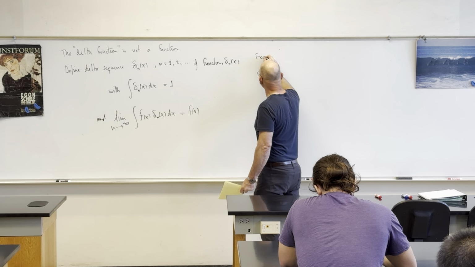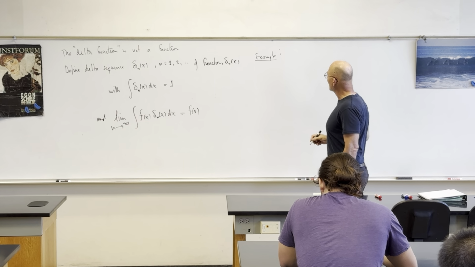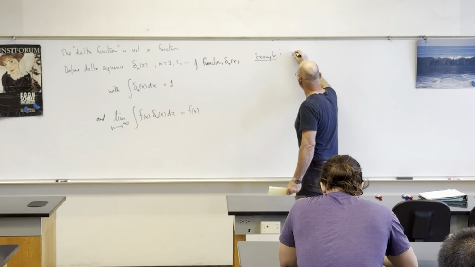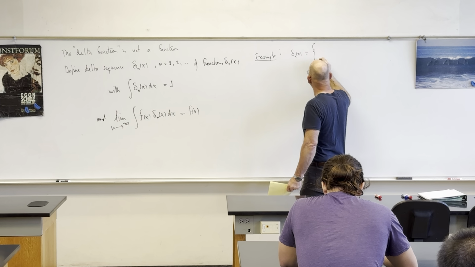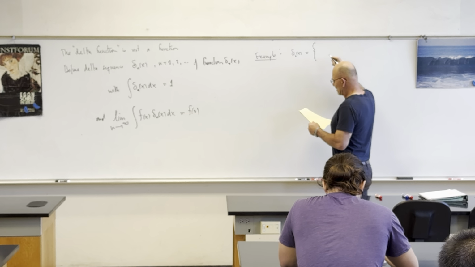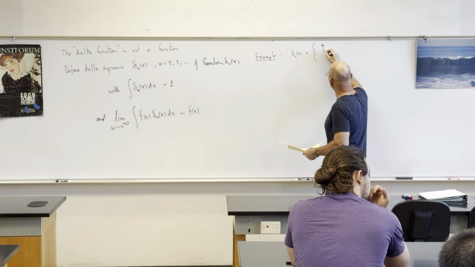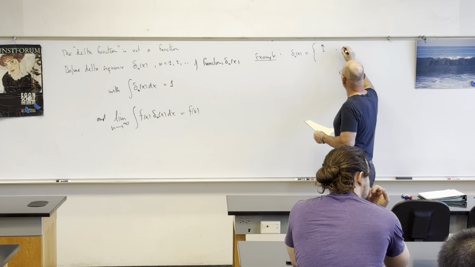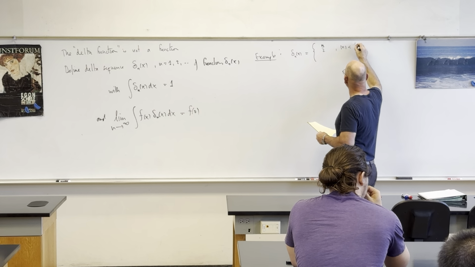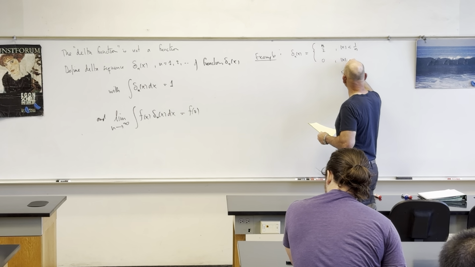So first example, and actually these make nice problems for calculating. We're going to let delta n of x equal n over 2 for the magnitude of x less than 1 over n, and 0 for the magnitude of x greater than 1 over n.